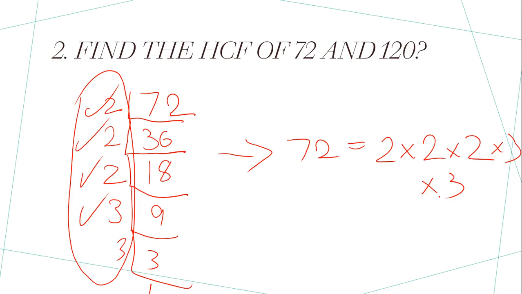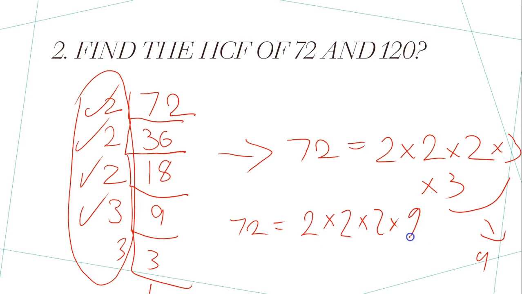Let's check if this is correct. 3 times 3 is 9, so 72 equals 2 times 2 times 2 times 9. That's 4 times 2 times 9. 4 times 2 is 8, and 8 times 9 is 72.